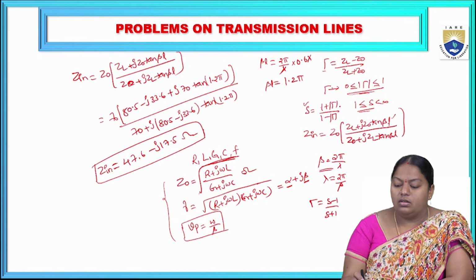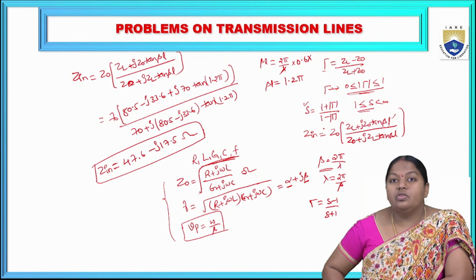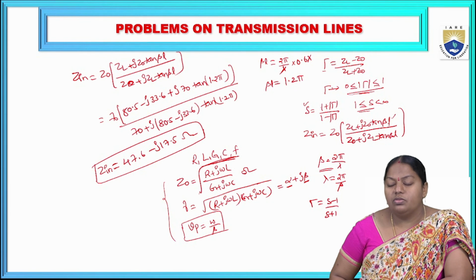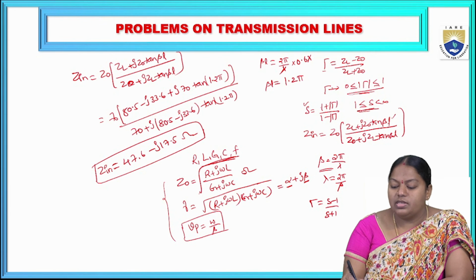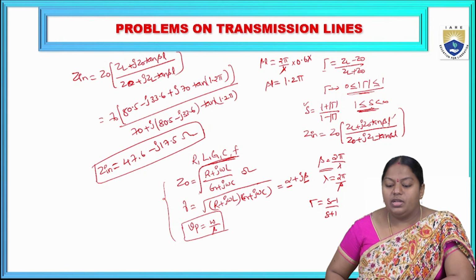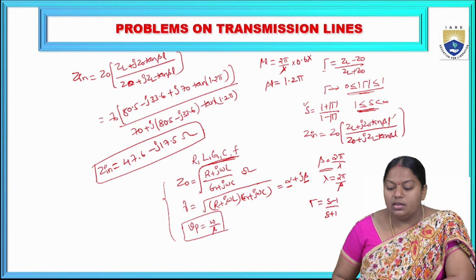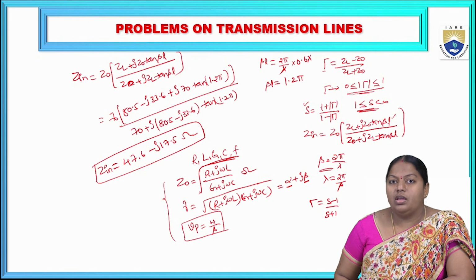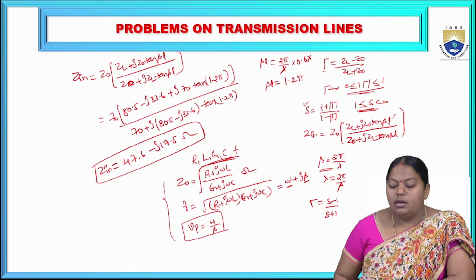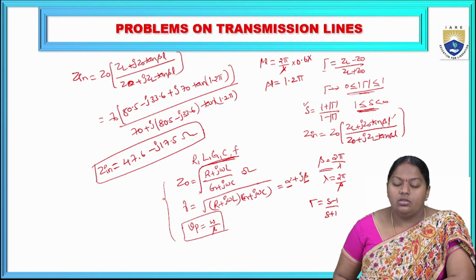So keep this in mind, or remember: the reflection coefficient gamma always ranges from 0 to 1, whereas the standing wave ratio S ranges from 1 to infinity. So if you obtain the values, the predefined range is 0 to 1 for gamma and 1 to infinity for S, and only then are the values exact or accurate. Then we'll come to know whether the given or obtained values are right or wrong.